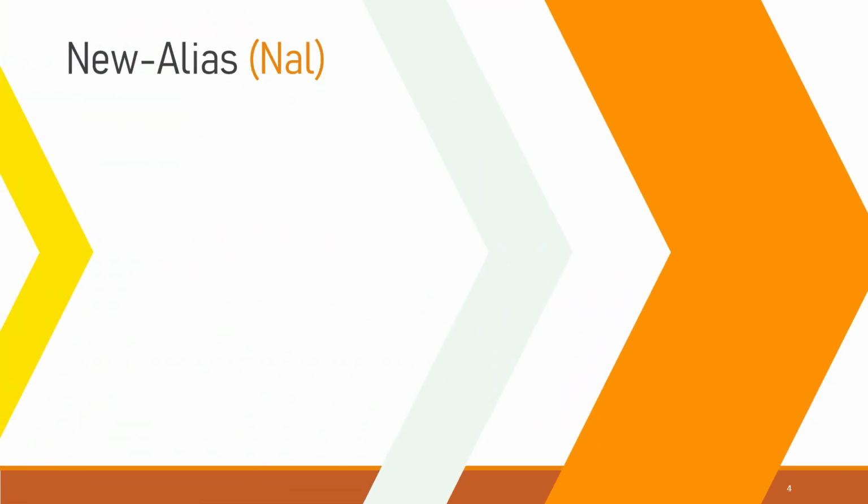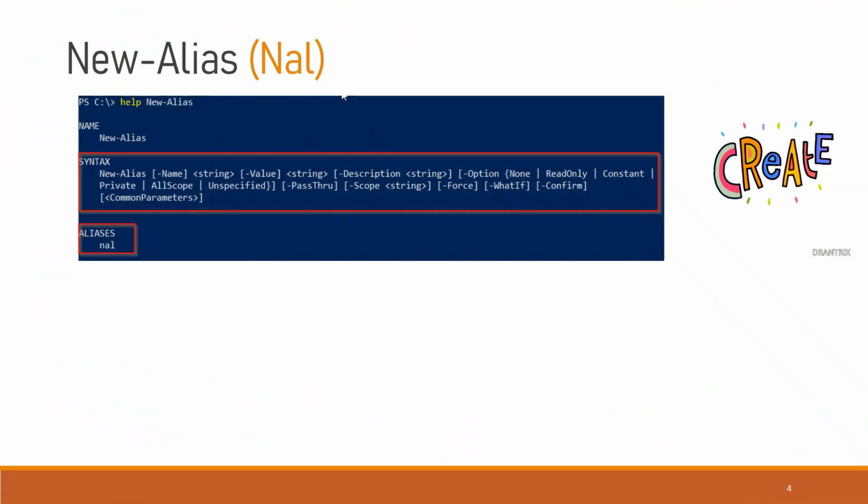Let's move to New-Alias. We're going to create aliases here, and as usual, you'll go with help New-Alias, understand the syntax, and you will also see the alias name for New-Alias is null.